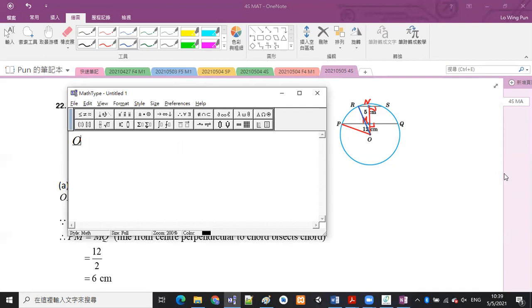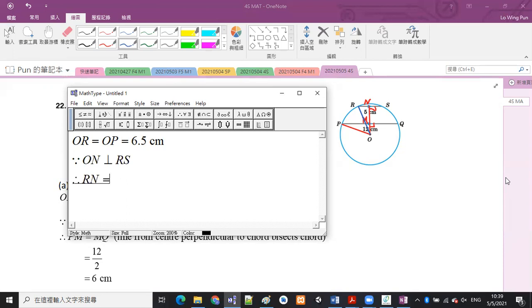In the diagram, OR is equal to 6.5 cm, or OP is equal to 6.5 cm, because both of them are the radius. Okay, and then because ON is perpendicular to RS, line from center perpendicular to the chord, then we will have bisect.